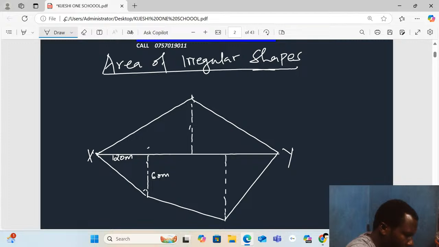This is S. It makes a 90 degrees angle. Then we have R here, then this is P, this is Q, then M, then N.